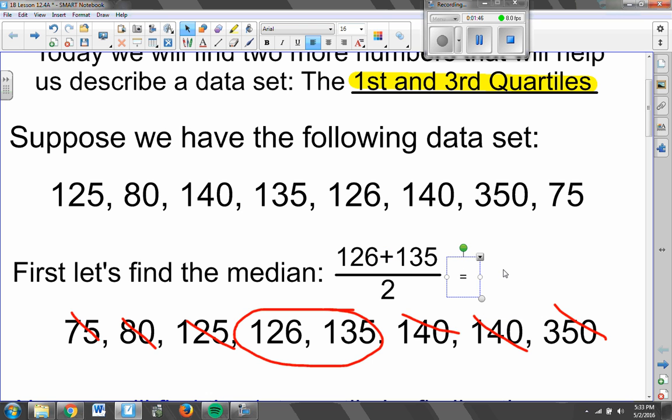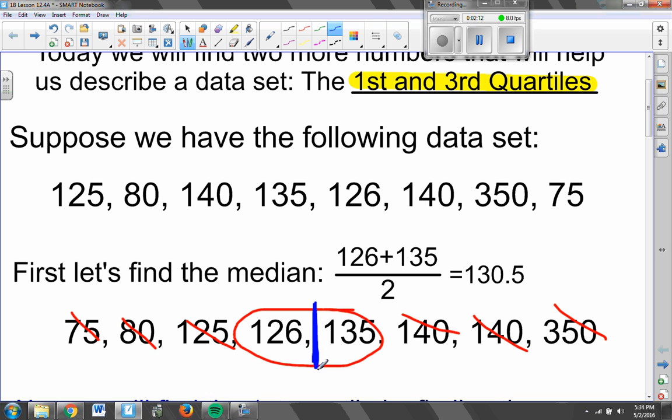And we end up with 130.5 as our median here. That ends up actually being right here in the middle of 126 and 135. So I'm going to put a break there at my median.